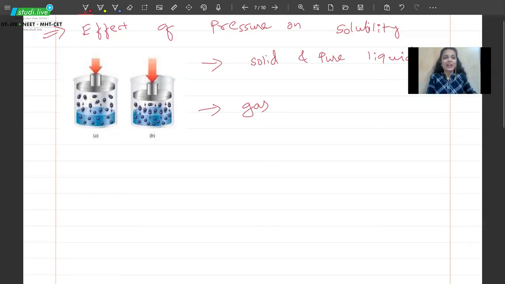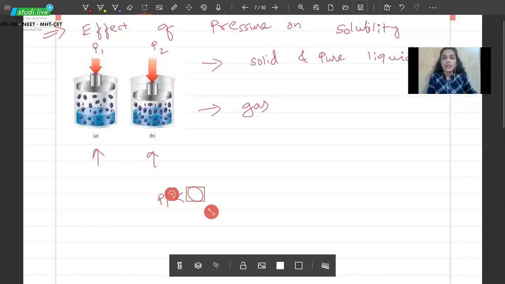What is that? Let's try to understand from the image. There is image A and image B that we can see. We have pressure P1 and we have pressure P2 over here, and we are always increasing the pressure. So what is happening while increasing the pressure?